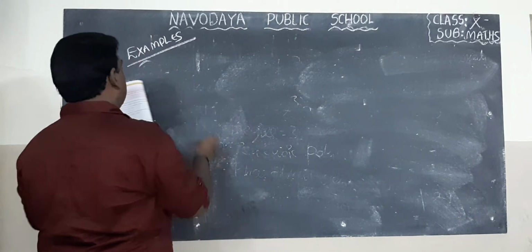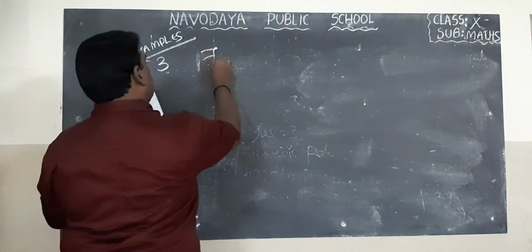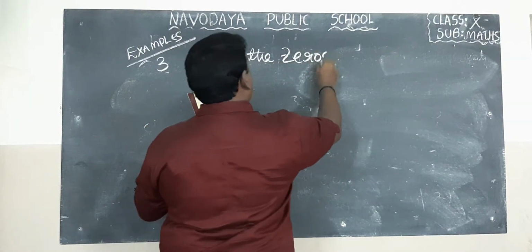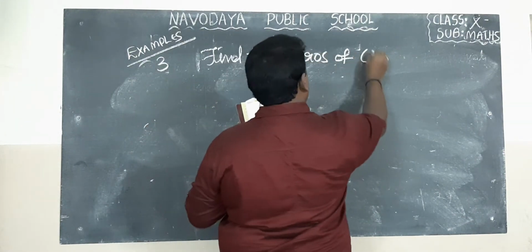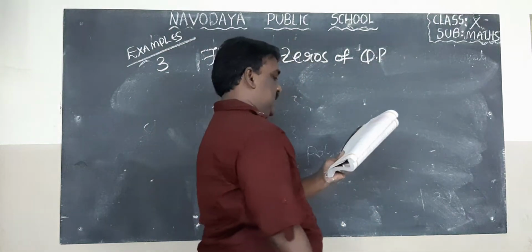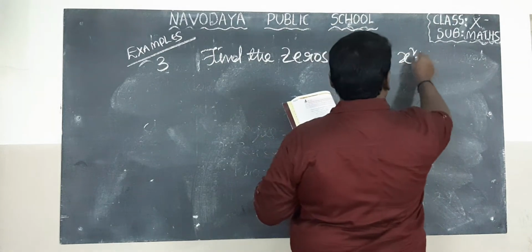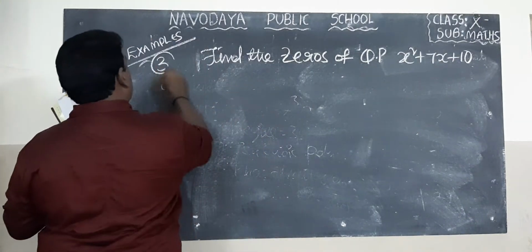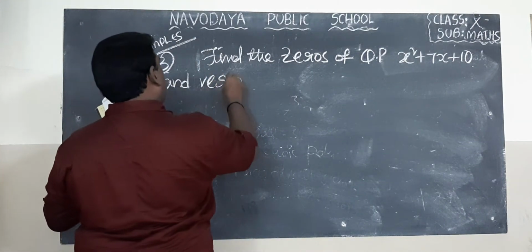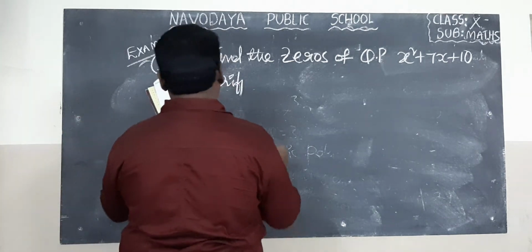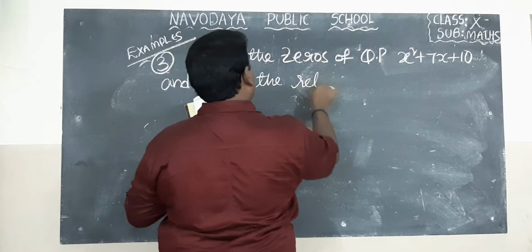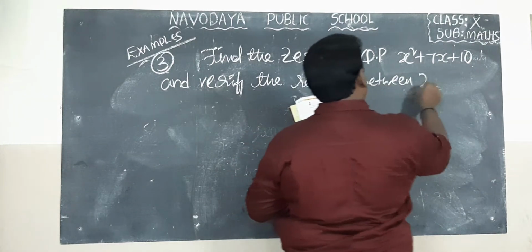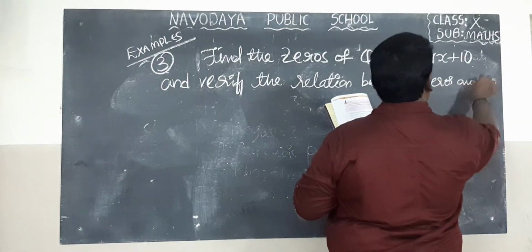Find the zeros of the quadratic polynomial, shortcut QP, quadratic polynomial, x square plus 7x plus 10, and verify the relation between zeros and coefficients.